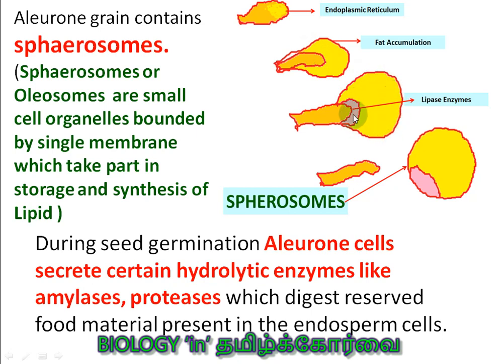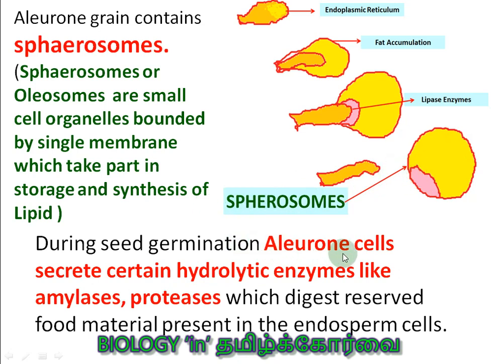Some amount of lipase enzyme is also added, because in the seeds this fat should be used for the germination of the seed. So this lipase enzyme can digest this fat. This is the lipase and this is the single membrane around the fat accumulated structure. These are called spherosomes. They are detached from the endoplasmic reticulum.